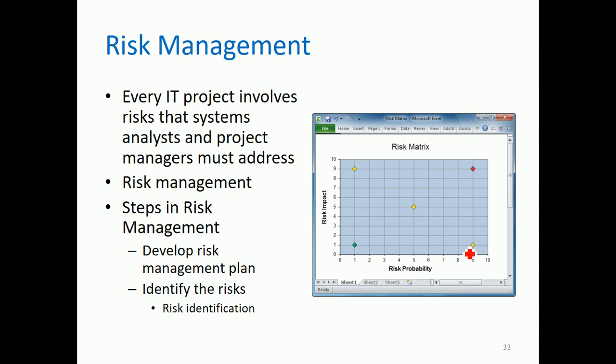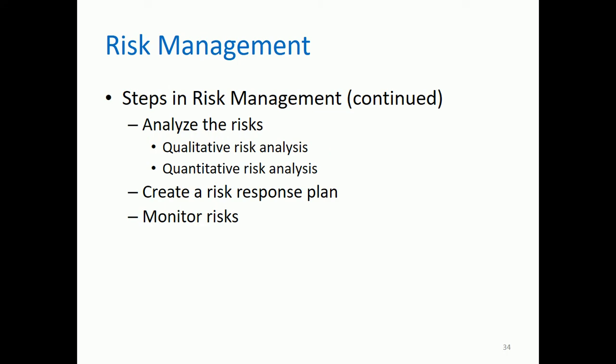And this one I already discussed: though it always occurs, or more frequently than this one, it has a low impact. So this one has the balance of risk probability and risk impact. So again, risk identification: you have to identify risk based on this matrix.